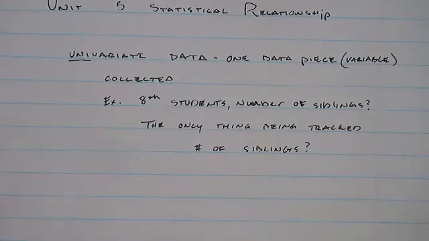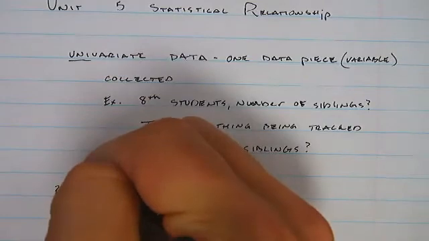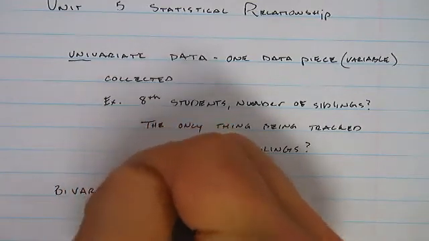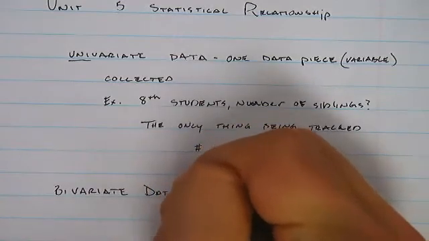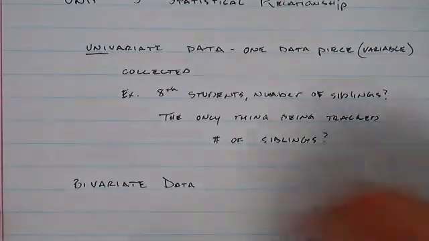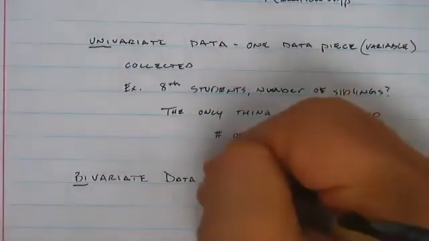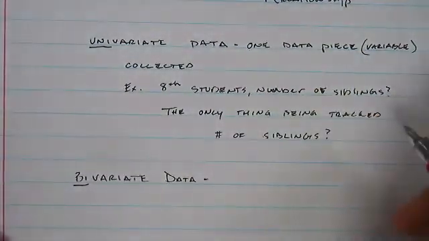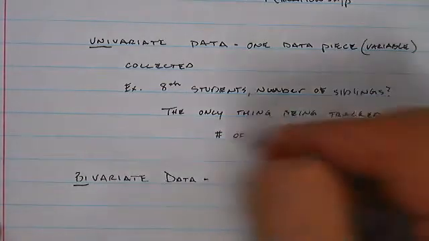All right. Our unit is going to be focused on bivariate data. Again, we have the prefix bi. And if you think about the word bicycle compared to unicycle, that should tell you where we're going to go with this definition.